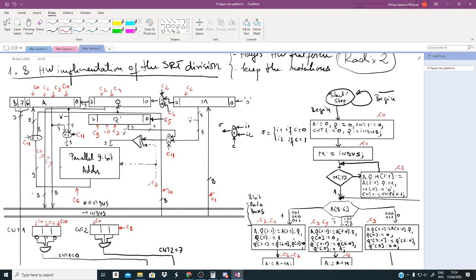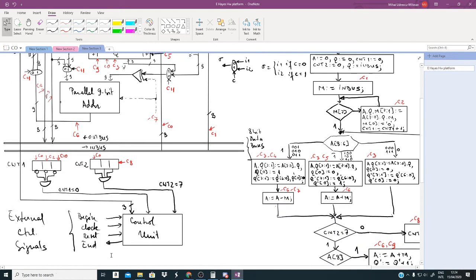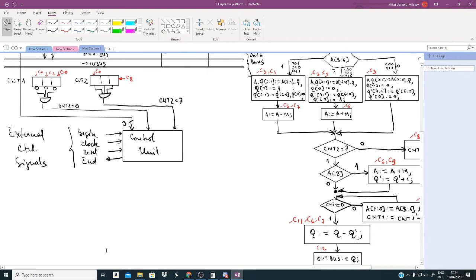Okay, so yeah, this is it. This is the synthesis, not the synthesis, the entire synthesis, because of course you will have to perform more synthesis for this control unit such that you will generate all these 14 internal control signals.